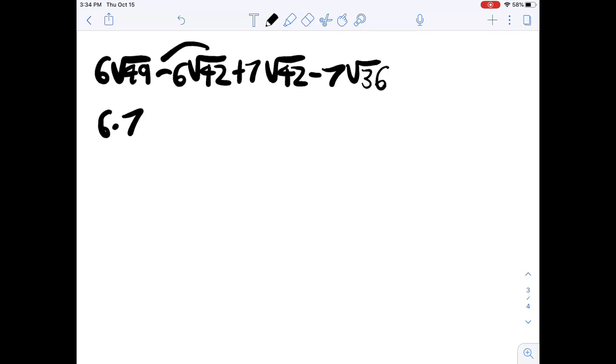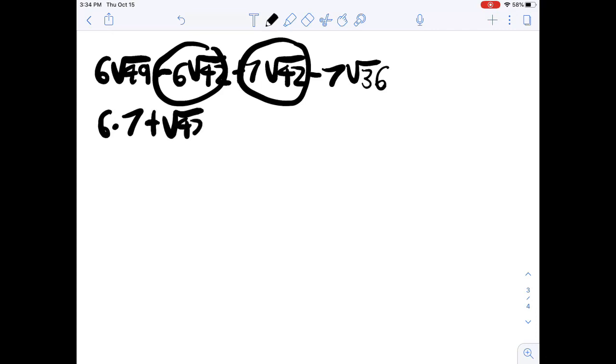And these two are like terms because they've got the same root and the same radicand, so we just add the coefficients. So we get plus the square root of 42 because negative 6 plus 7 is 1, and minus 7 times the square root of 6, because the square root of 36 is 6.